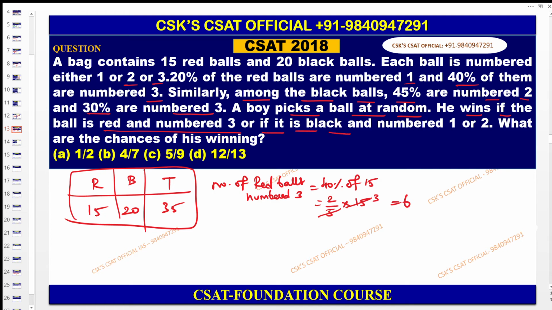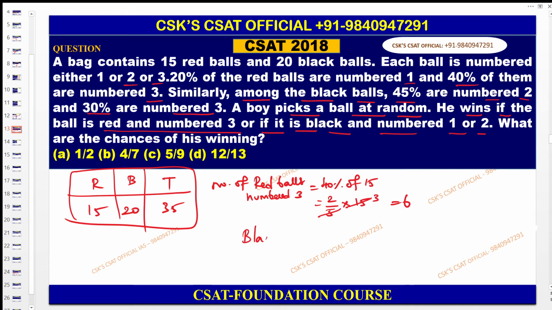If it is black and numbered 1 or 2. So 1 or 2. Please be careful here. Now how many percentage will you take? 45% for the 2, 30% for the 3. So which means you have to add up the total here.